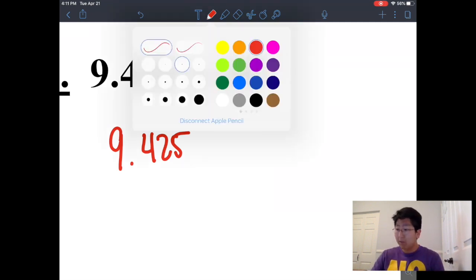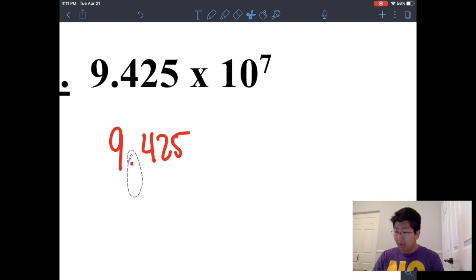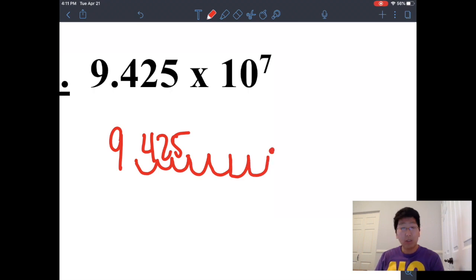And what's going to happen is we're going to take this decimal point and we're going to move it 7 times. 1, 2, 3. And actually, I'm going to take a pencil. 1, 2, 3, 4, 5, 6, 7. So that decimal point is going to move over 7 times. And for each one of these gaps, we need a 0. Okay?